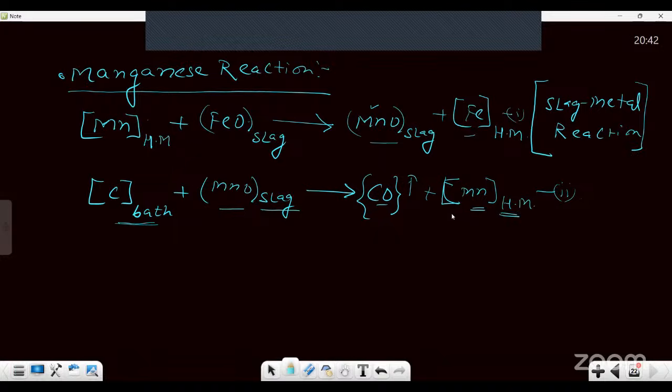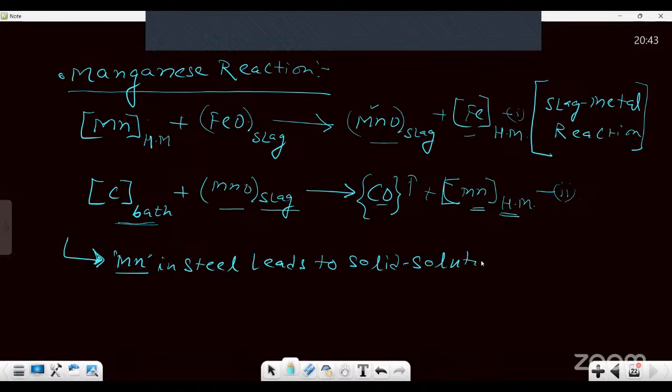Now, manganese in steel, we will not try to remove a lot of manganese, because manganese in steel leads to solid solution strengthening. So, too much manganese we will not like to reduce.